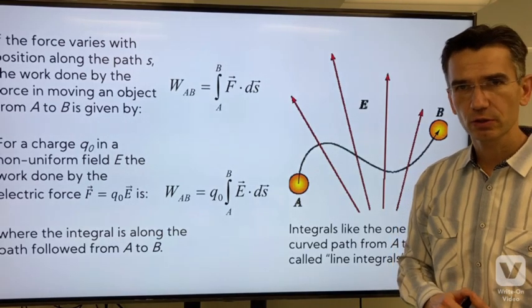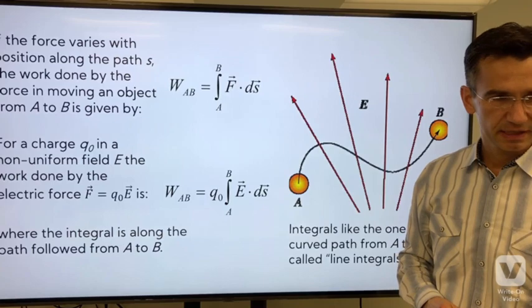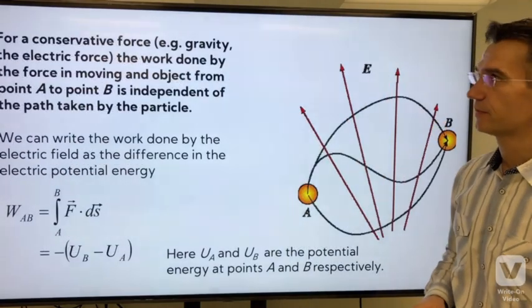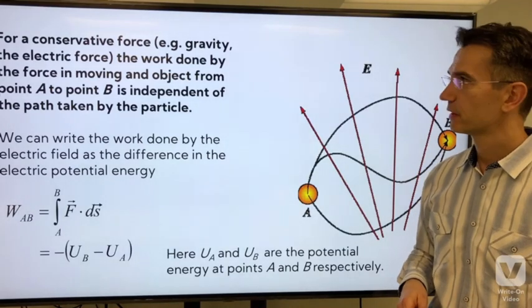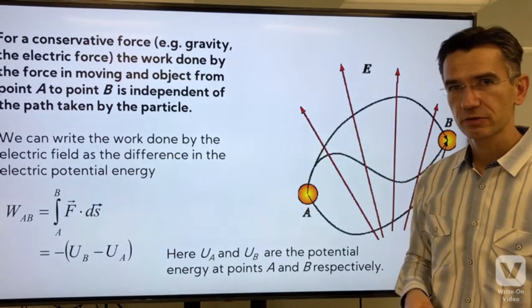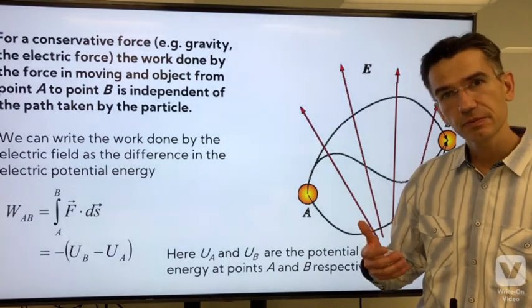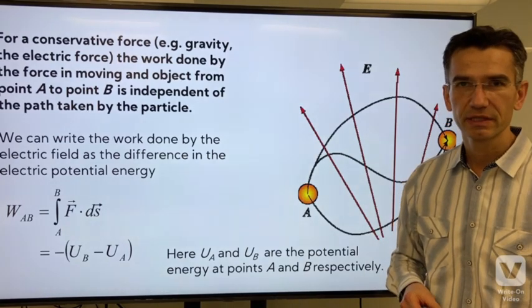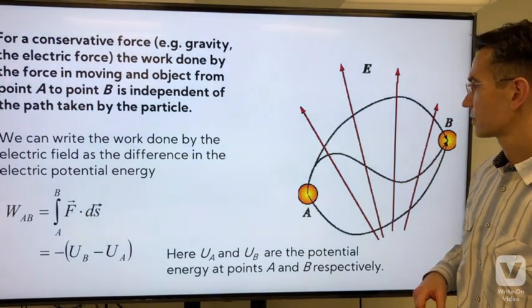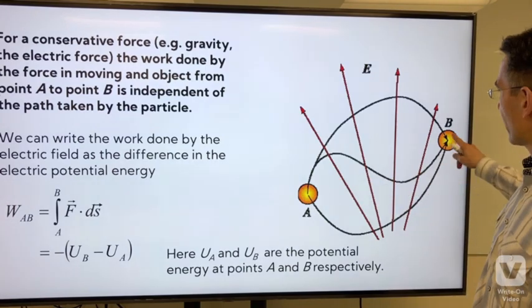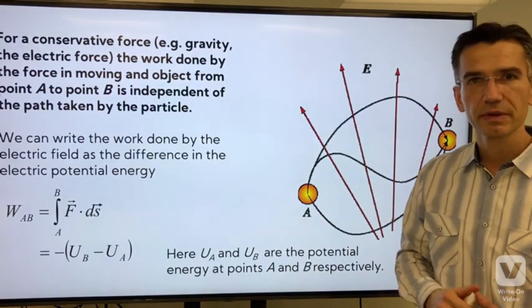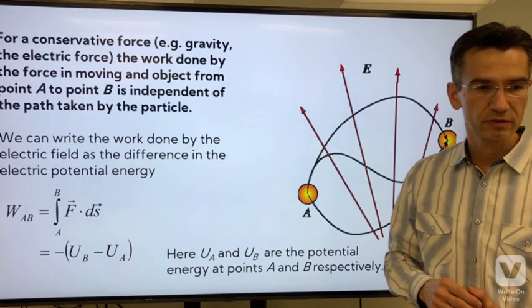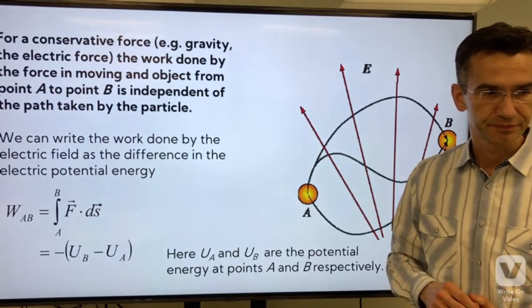Now, as I mentioned already, because the electric force is a conservative force, the work done by it in moving a charge in an electric field, in the absence of other external forces, is actually independent of the path that we take to do so. So whether we take this curved path or this curved path or this curved path, the total amount of work done by the electric force is the same.